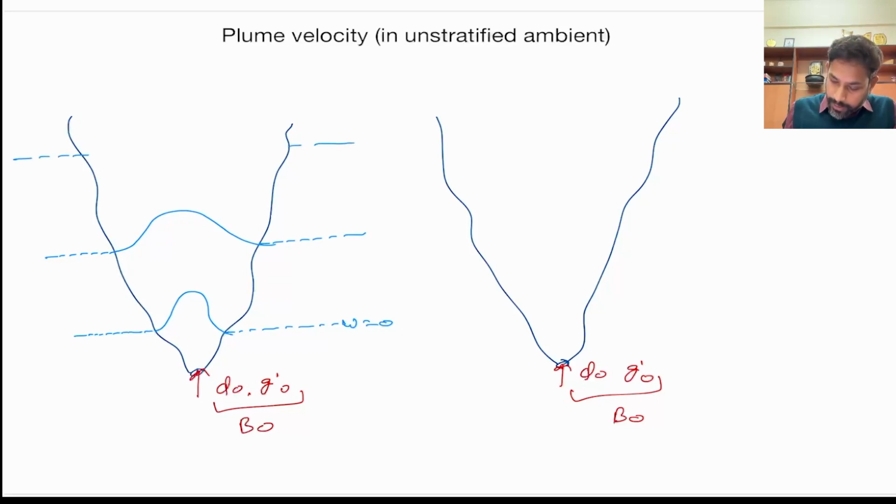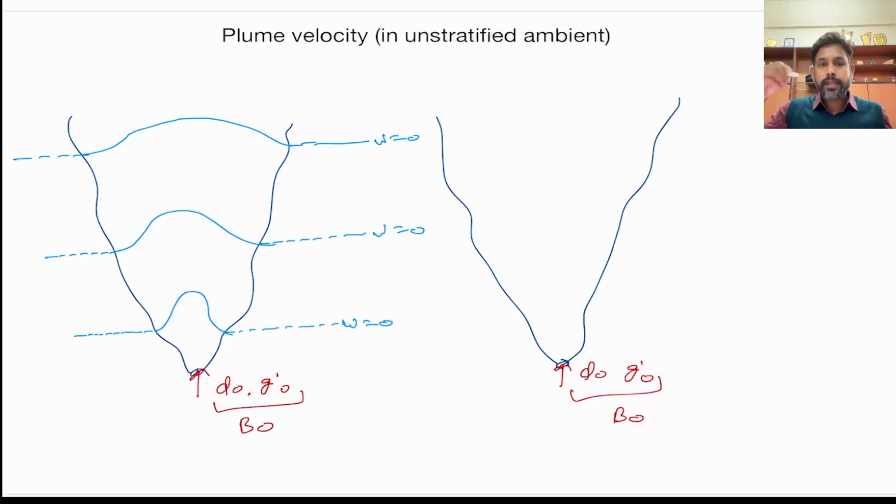If we go further up, this is the velocity profile. So we assume that w is 0, that is the vertical velocity of the ambient, and as we go outside the plume, w is 0, and inside the plume there is this velocity profile, right?